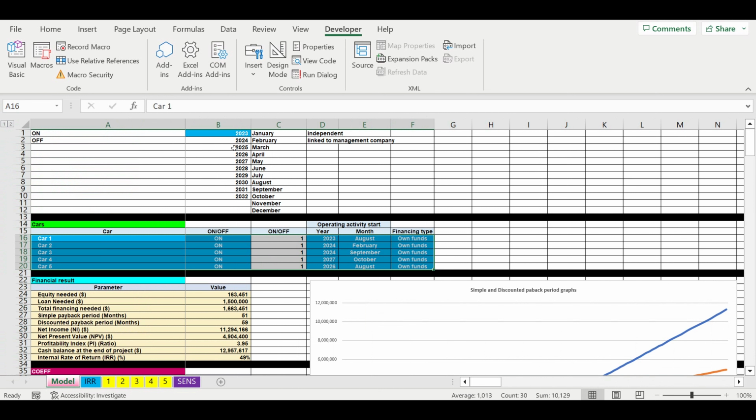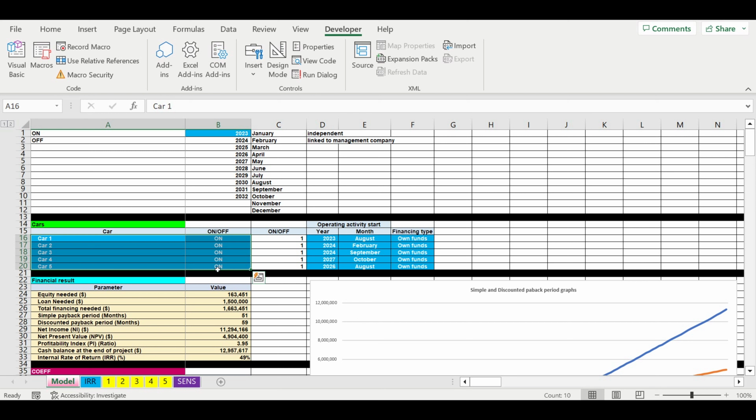First of all, we have a rule that all our inputs are colored blue. Other cells are formulas, so we are not touching those cells. We are working only with blue cells, this one. When you build a financial model, it is vital to create a rule for inputs, because it is very easy to work with a model if all inputs are marked.